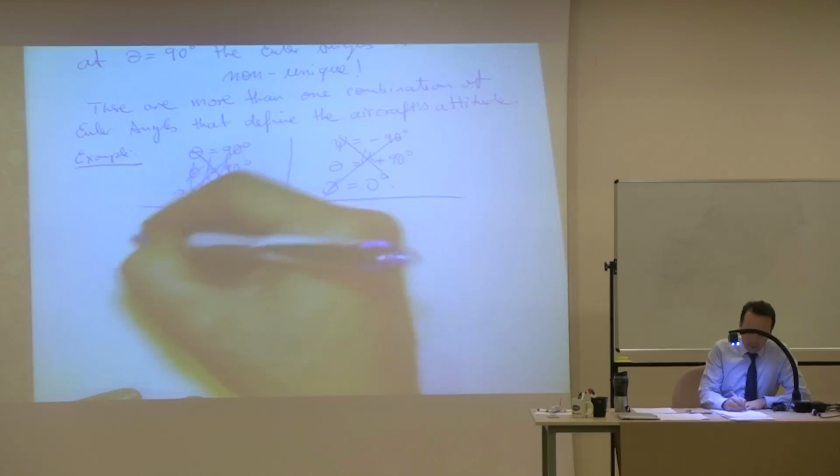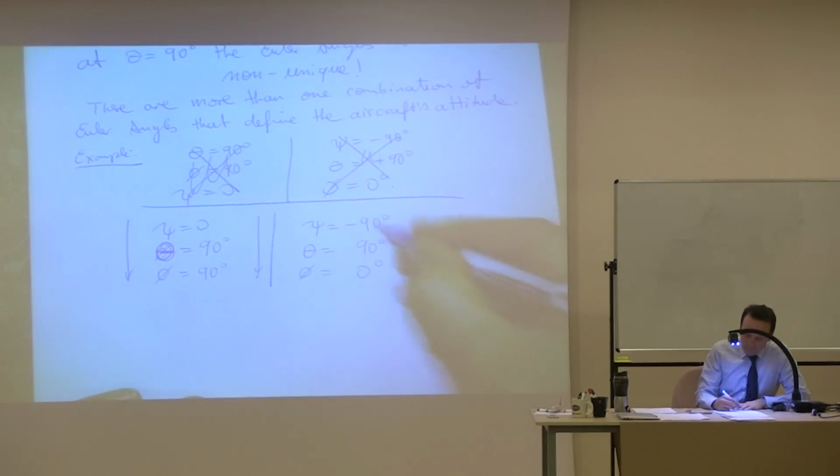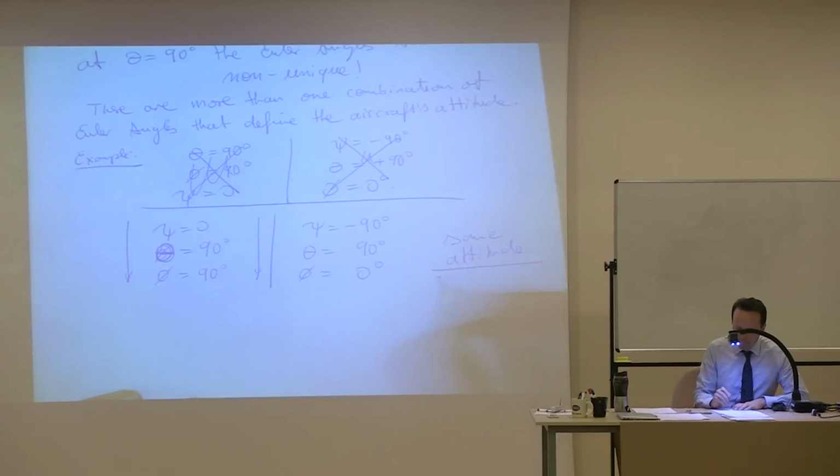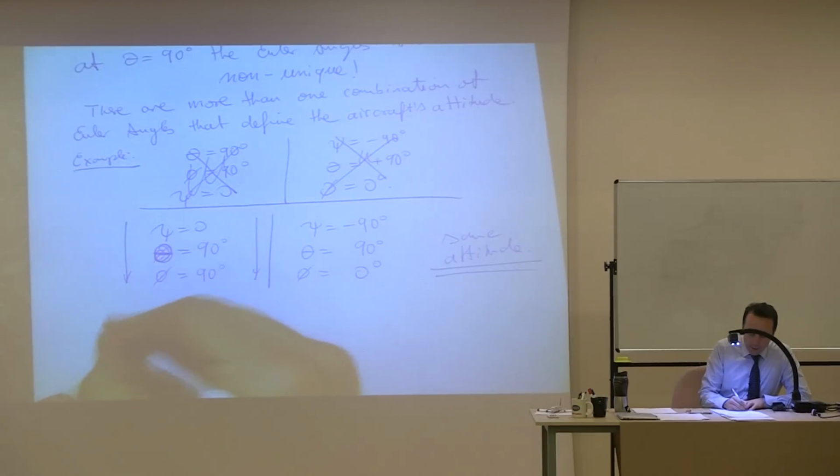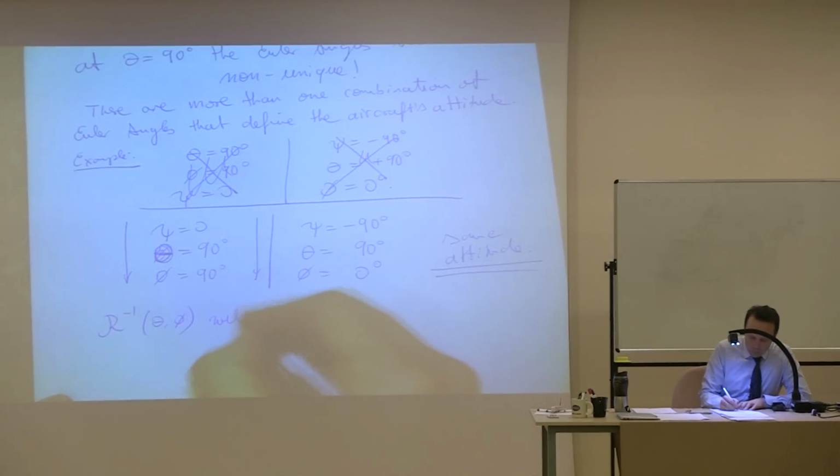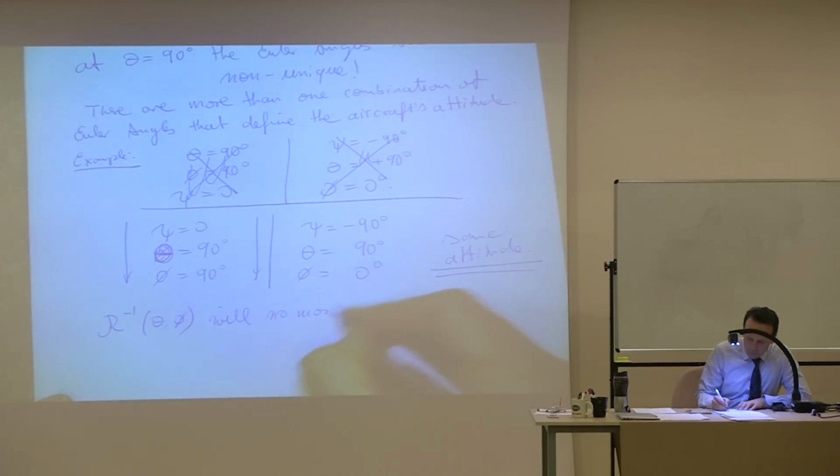So they all go in the same order, but a different set of rotations will give you the same attitude. Therefore, this r over minus 1 will no more hold a relation.